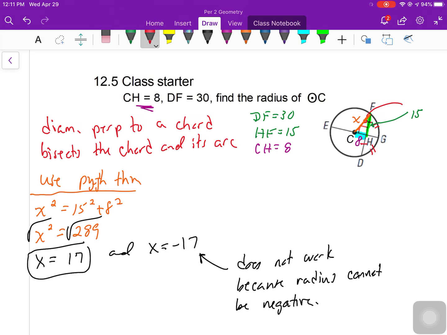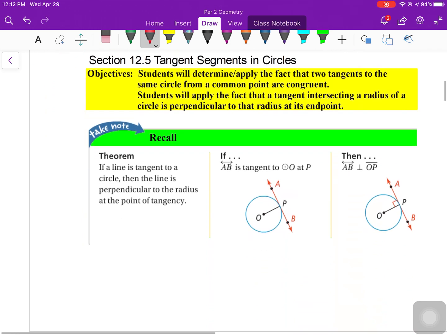So the only answer to this problem is 17. And again, in this chapter, it is imperative you must box your answers, or it is wrong, because we'll take it to mean that it's an extraneous solution.